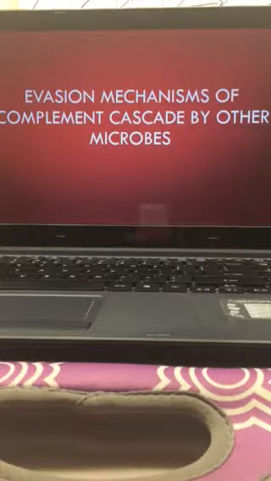The capsule is on the very outside. It's a polysaccharide, and it causes inhibition of opsonization. Opsonization is when a pathogen is marked for ingestion and elimination or killing by a phagocyte.